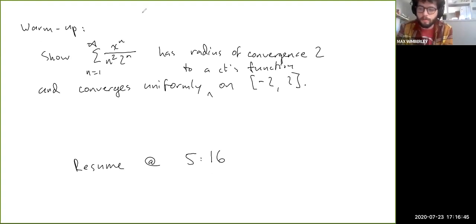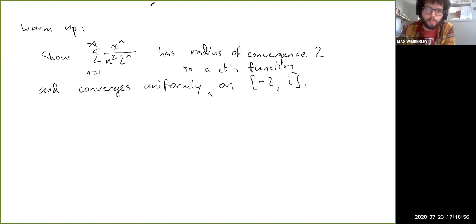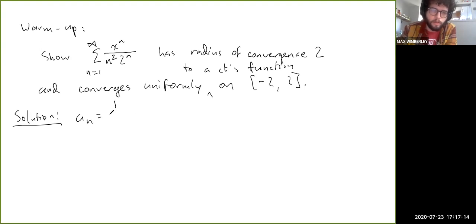All right. So let's see. The first little bit of this, showing the radius of convergence, should be routine by now. If you do the root test, a_n is like 1 over n squared 2 to the n.